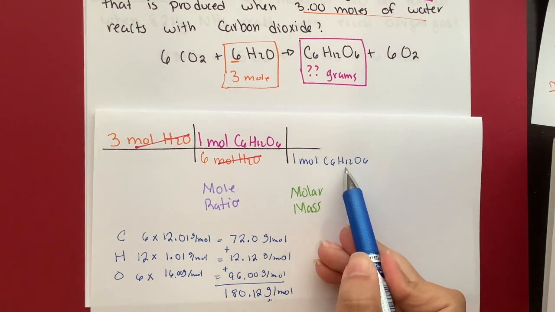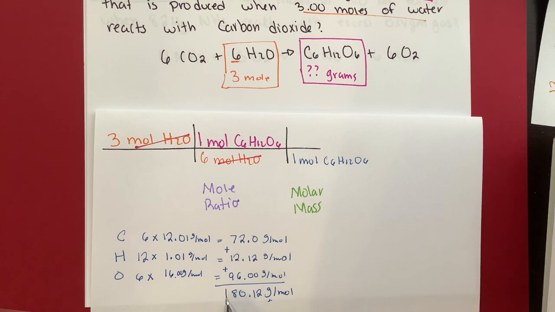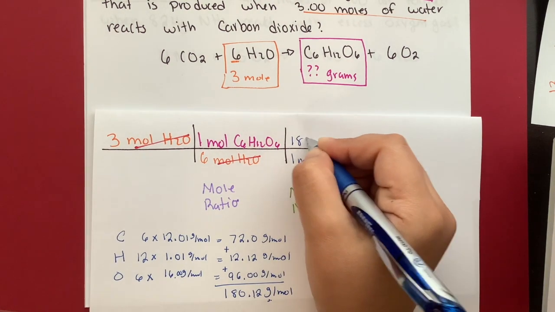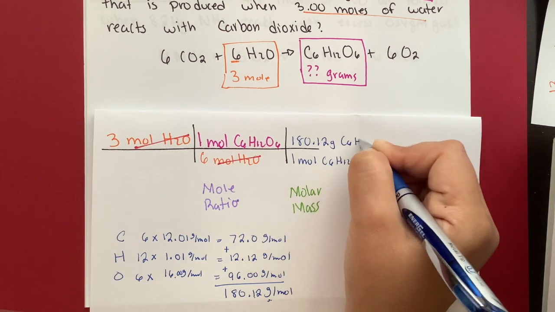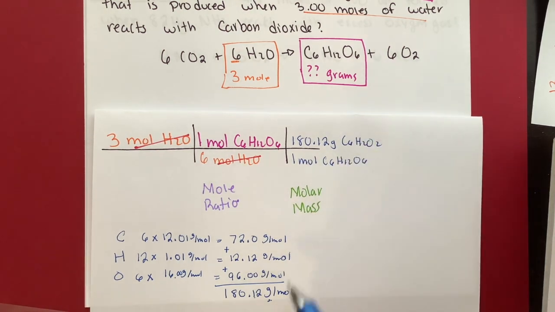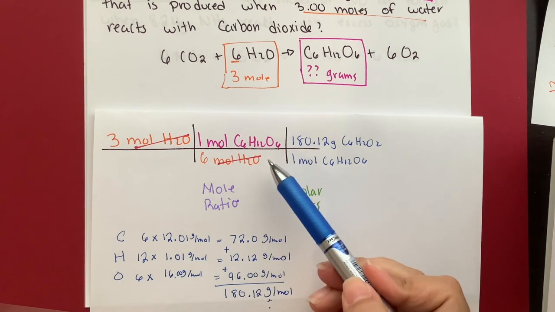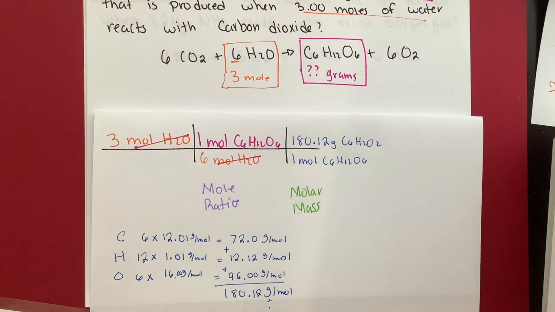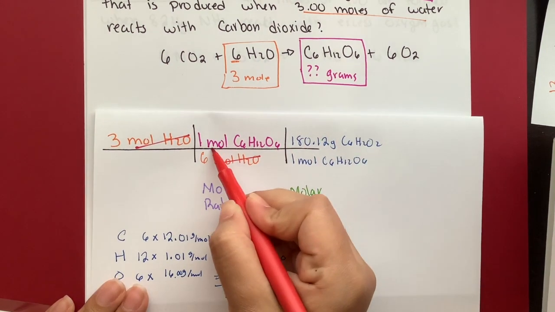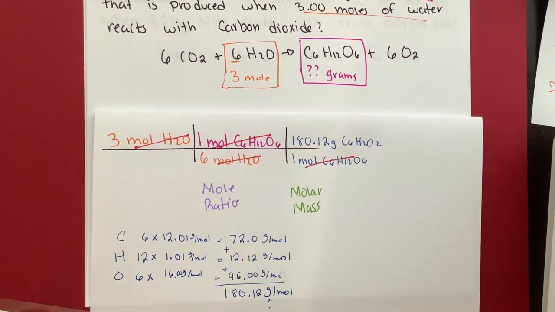So in 1 mole of glucose, that has a mass of 180.12 grams of C6H12O6. So the molar mass that comes from the periodic table tells us how many grams 1 mole of that compound weighs. Again, I put the moles in the bottom, so the moles of glucose and moles of glucose cancel each other out.